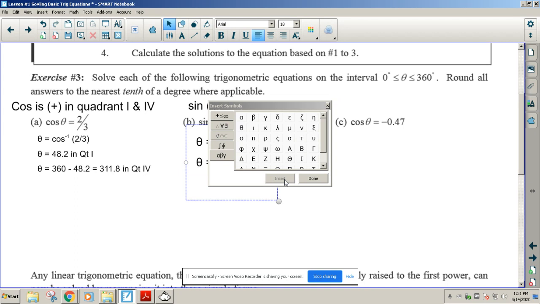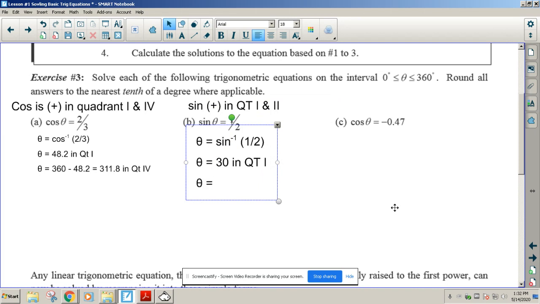This is also telling me that in quadrant 2, a 30-degree reference angle in quadrant 2, my theta is 180 minus my 30 degrees, which is a 150-degree angle in quadrant 2. So everything about where we land is all about the sign of what we were given.